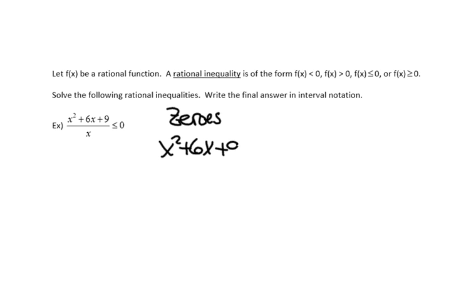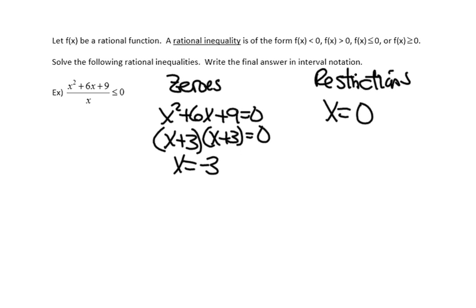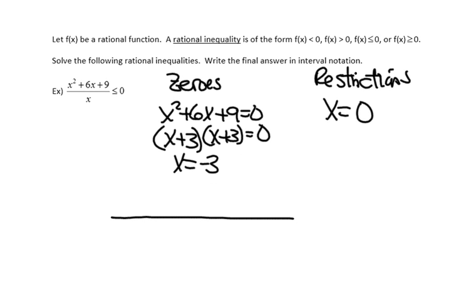Set the numerator equal to 0 and factor. So we know x is equal to -3. Restrictions. Okay, x cannot equal 0. So similarly to what we did with polynomial inequalities, why don't we put these on a number line?